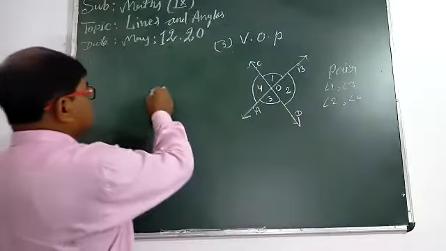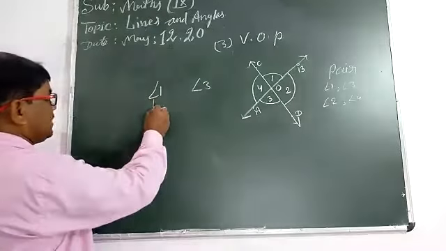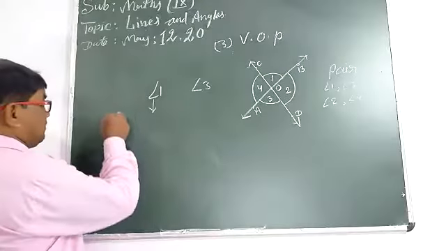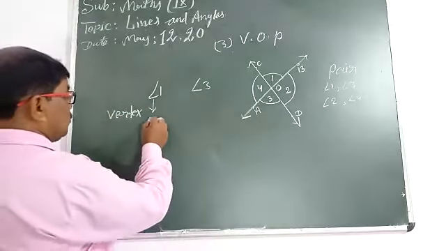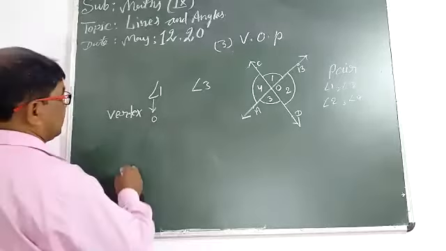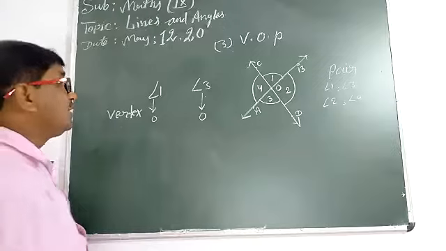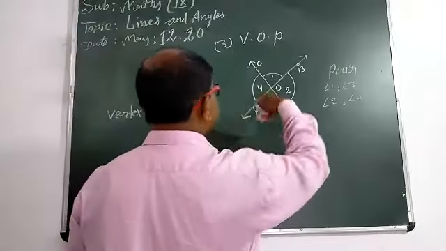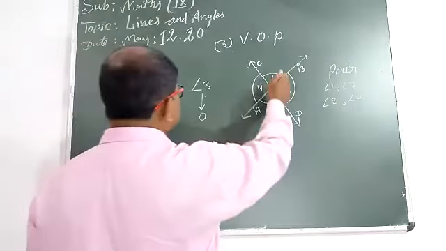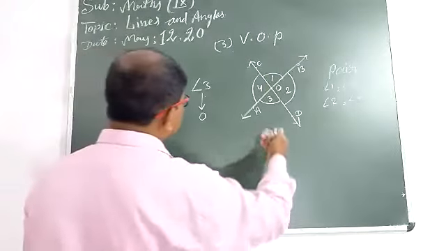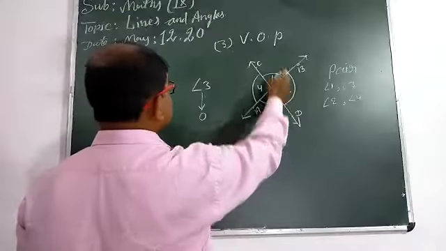You should think about these two angles. Angle 1, angle 3. Vertex of angle 1. Mind this word, vertex. Vertex of angle 1 is O. And vertex of angle 3 is also O. So angle 3 is just opposite angle 1, because the vertex of angle 1 is O and the vertex of angle 3 is also O. It means angle 3 is just opposite of angle 1.